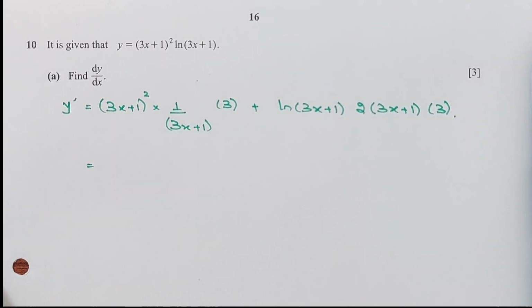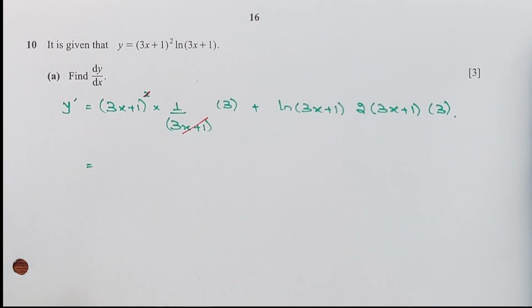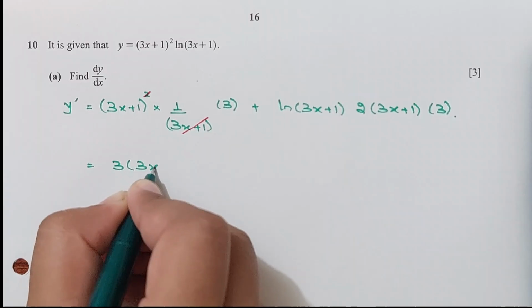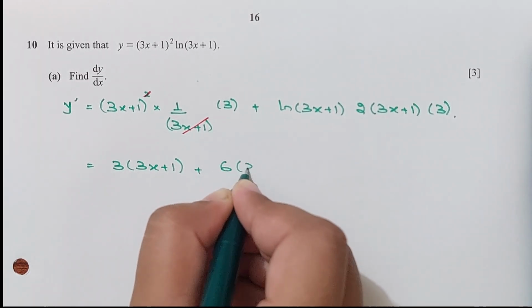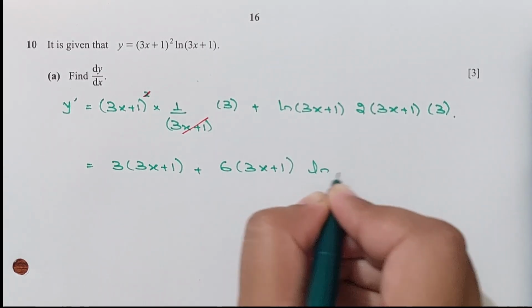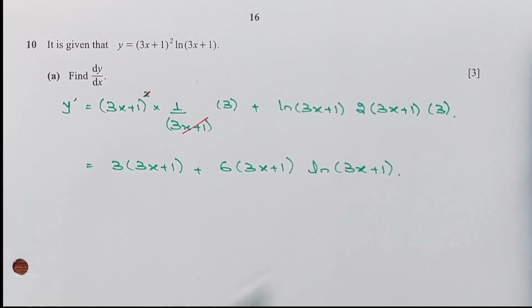Now we have to cancel 3x plus 1 with 3x plus 1. So we have 3 into 3x plus 1 plus 6 into 3x plus 1 into ln of 3x plus 1, right?